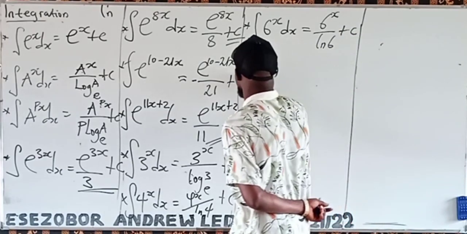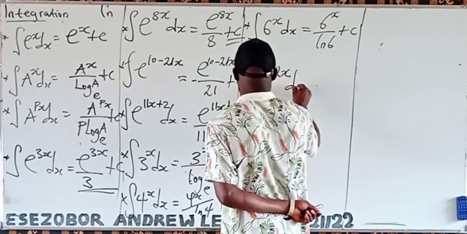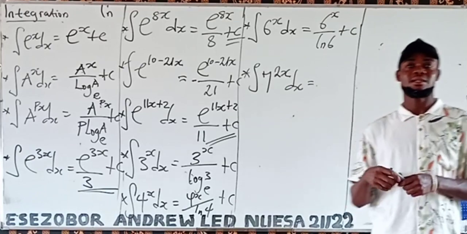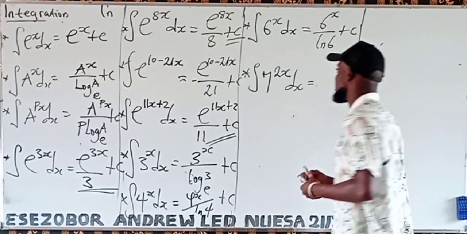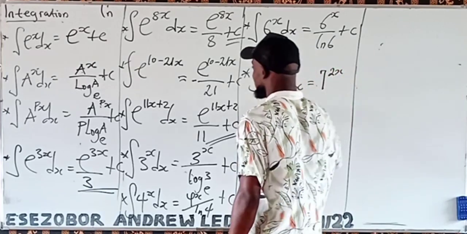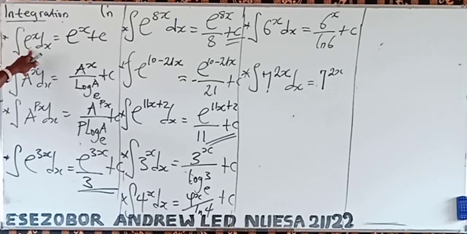Whenever I have integral 7 raised to power 2x dx, what will you say the answer is? The answer becomes 7 raised to power 2x. Now check. This question is not from the first rule, because the base is not e. Let's check it from the other rules.